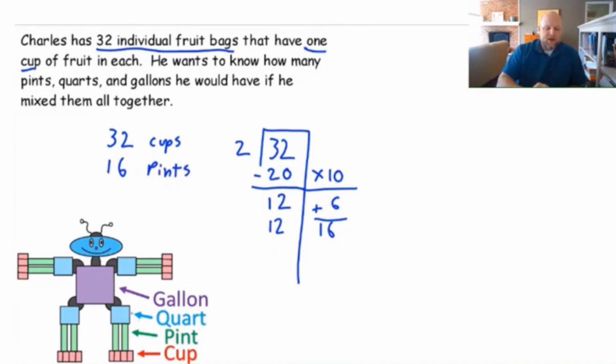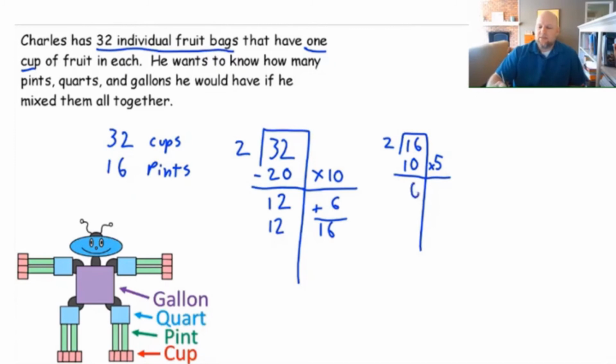Now, to figure out quarts, we do the same thing with 16 pints. We're going to divide 16 by the amount of pints in each quart. Since there are 2 pints in each quart, we'll divide by 2. Well, 16 divided by 2, if we do 5 times 2, we have 10.